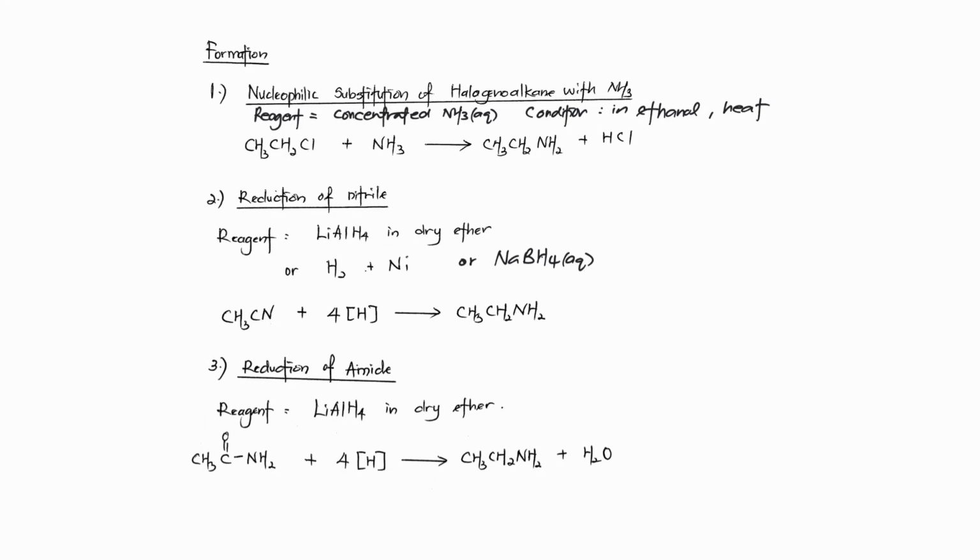These are reactions to form aliphatic amine. The very first one is formation of amine from halogenoalkane. This is the reaction of halogenoalkane, where it undergoes nucleophilic substitution, where ammonia is the nucleophile.